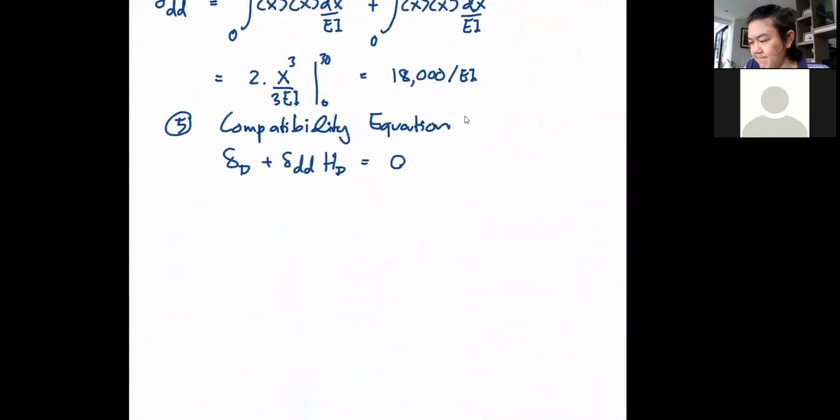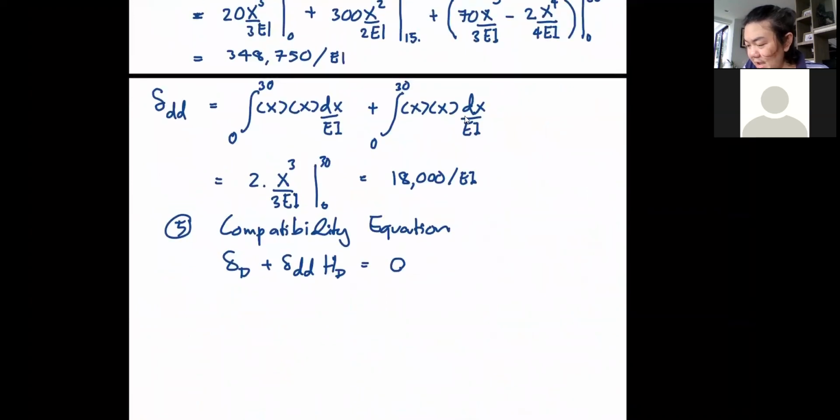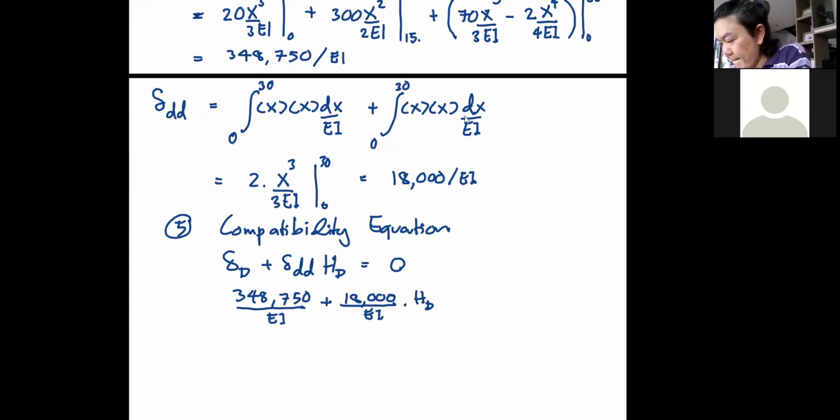So now we just assemble them. Now we have 348,750 over EI plus 18,000 over EI multiplied by HD equal to 0. So now you get your HD equals minus 19.375 kilonewton.